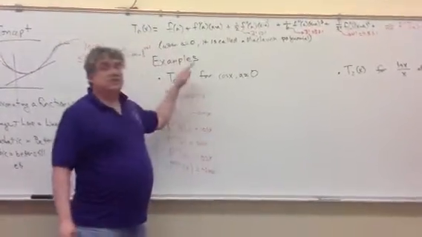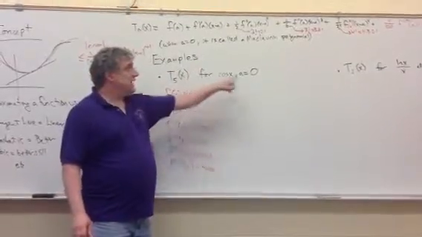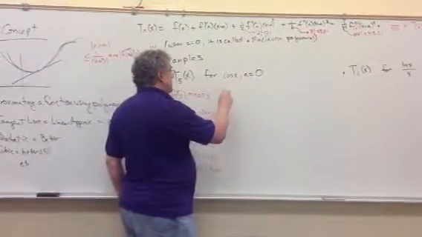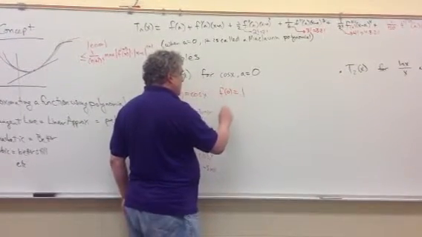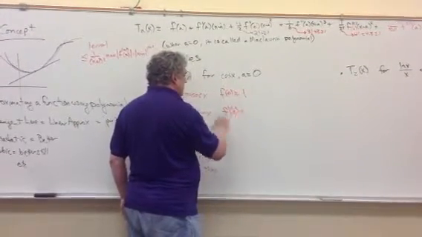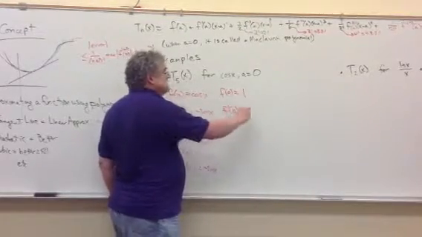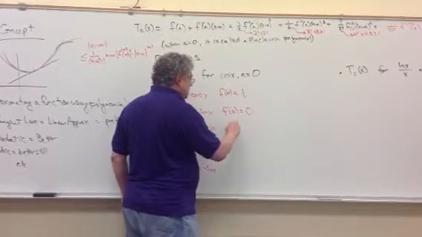But we don't actually need these functions. We need the values at 0. So what is f of 0? Plug a 0 in for x, we get a 1. What's f prime at 0? Plug a 0 in, we get 0. A lot of these are going to be 0.